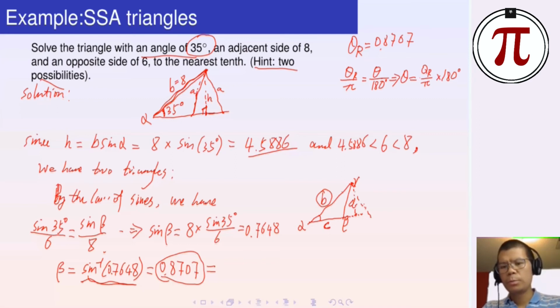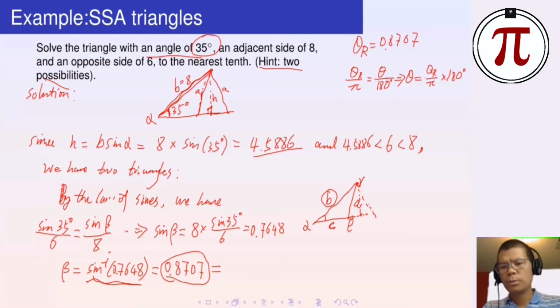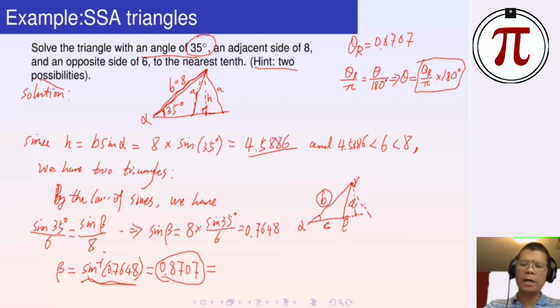So basically you apply this formula, divide by pi and times 180 degrees. That will give you the degrees. So what is that? 49.88 or 49.89. Rounded to the nearest tenth, that's going to be 49.9 degrees. Mustafa, any questions?